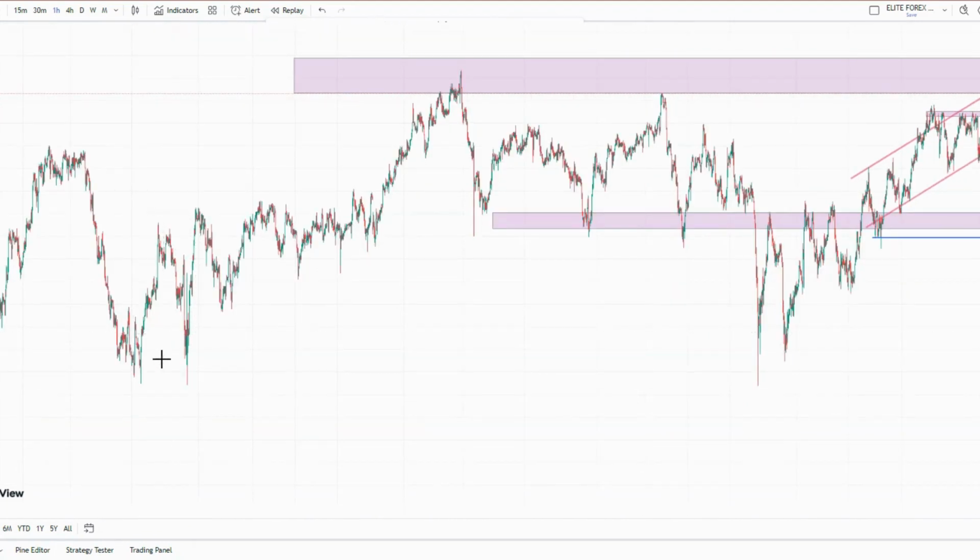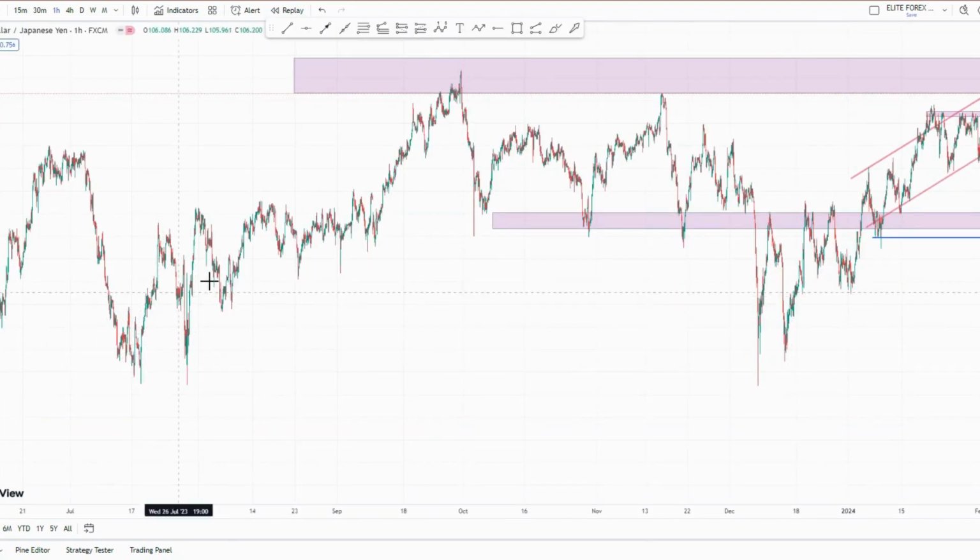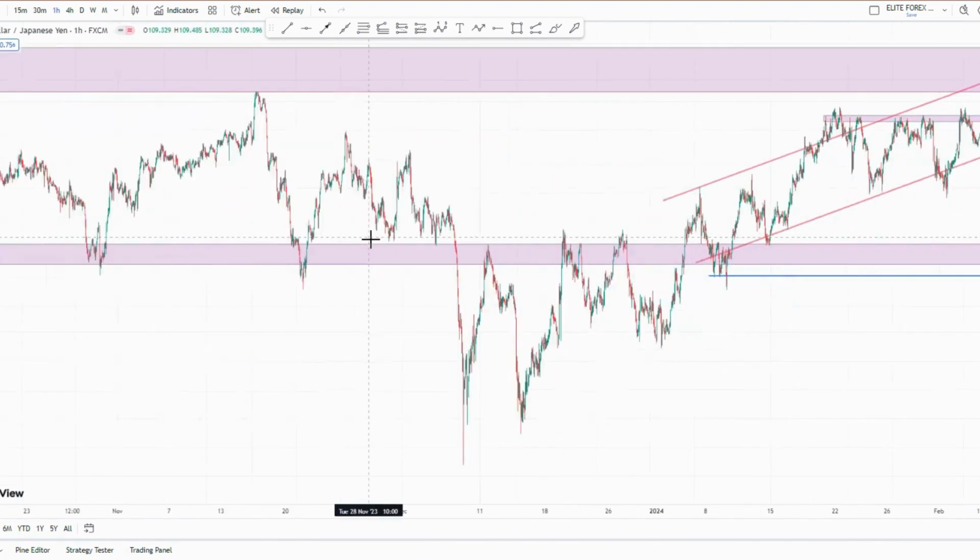For instance, a consolidation market is a market that... we have three types of trend in the market. We have the uptrend, which is the buy trend. We have the downtrend, which is the sell trend, and then we have the consolidation trend, which is the sideways. The market is not going up, it's not going down, just going sideways, and that is the worst trend to ever be on.